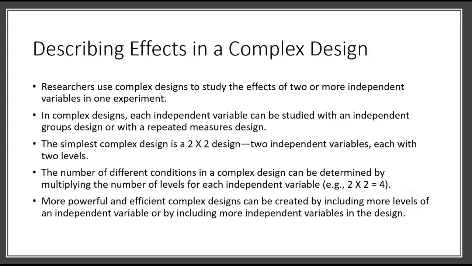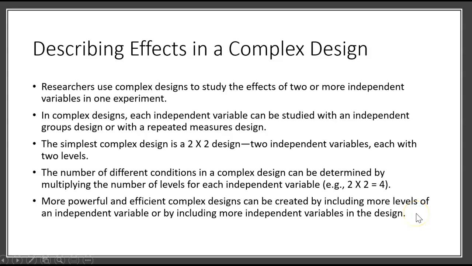Your authors talk about the idea that complex designs can be more powerful and efficient when we have the inclusion of multiple levels of independent variables, and when we're including more than one independent variable in the design. And what they mean by efficient is that you are conserving your number of subjects.